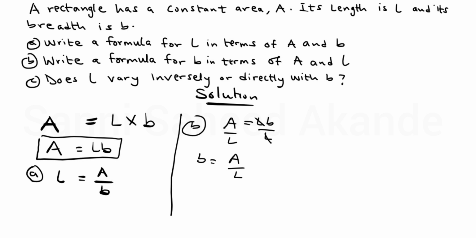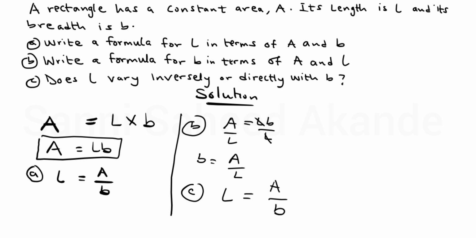Alright, so see, the question says, does L vary inversely or directly with B? Now let me write it so that you will understand what they are saying. Okay, for A now we have L equal to A over B. Understood?